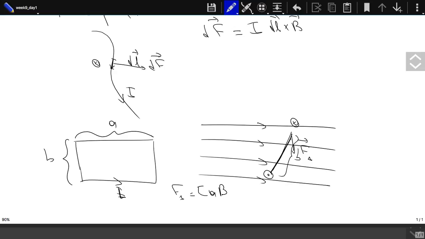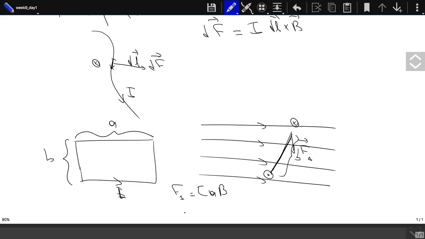If you sum the forces acting on each part, it's just I, which is constant, B, which is constant, times the length of that segment, which is constant. What's the angle between dl and B? It is 90 degrees, because B is pointing in that direction and dl is into the screen. So this is the magnitude of the force.